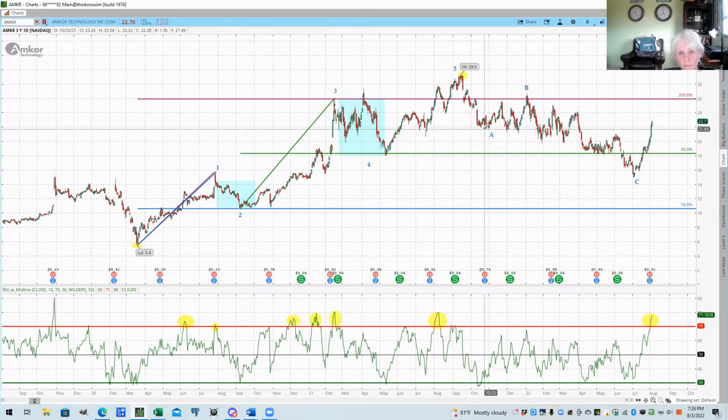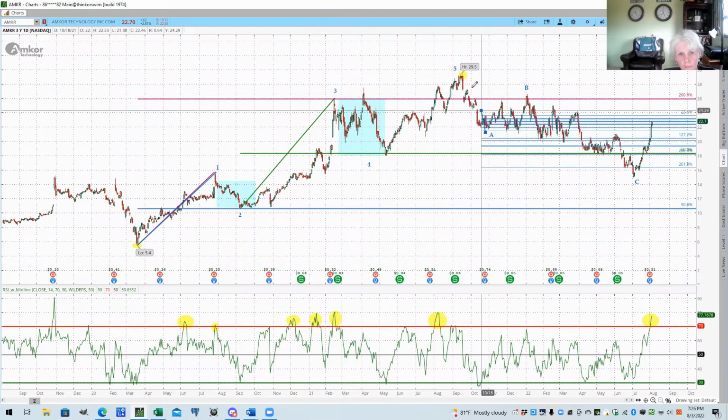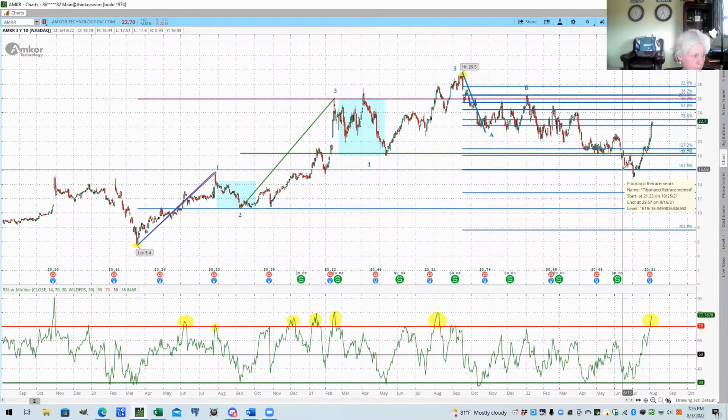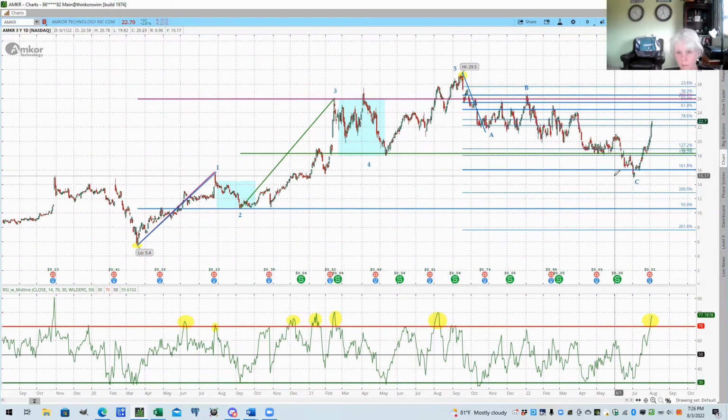But if you take a fib, I'm going to click around the A up to the top of the 5. C tends to be either 100% or 161.8% of wave A. Well, look at that, it's 161.